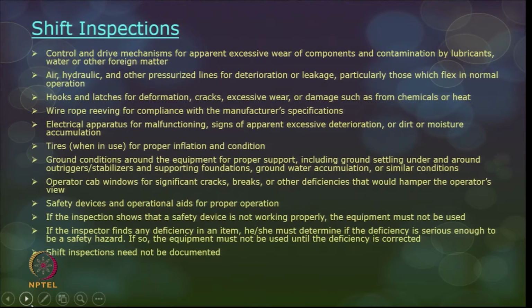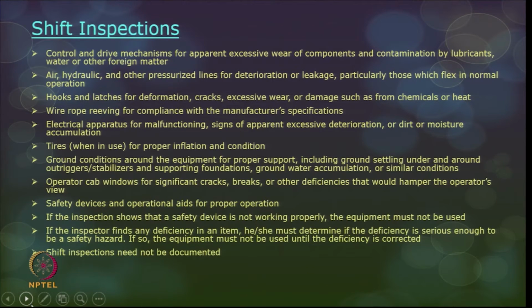Ground conditions around the equipment also should be checked for proper support, including ground settling under or around outriggers, stabilizers and so on, and we should also look for water accumulation and other similar conditions. Operator cab windows should be clean, without any cracks, breaks or other deficiencies which can disrupt the view of the operator.